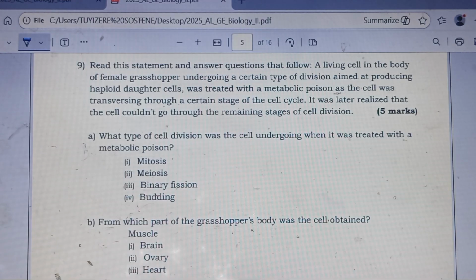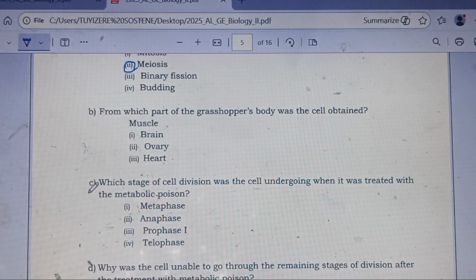A. What type of cell division was the cell undergoing when it was treated with metabolic poisons? I. Mitosis. II. Meiosis. III. Binary fission. IV. Budding. The correct answer for A is meiosis.